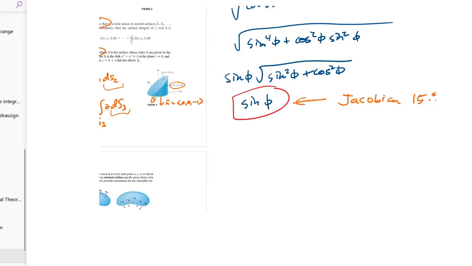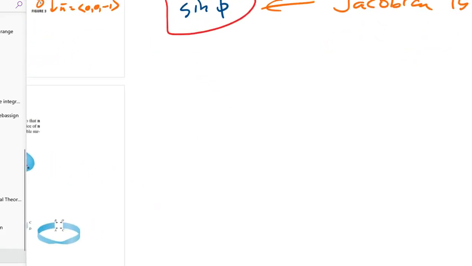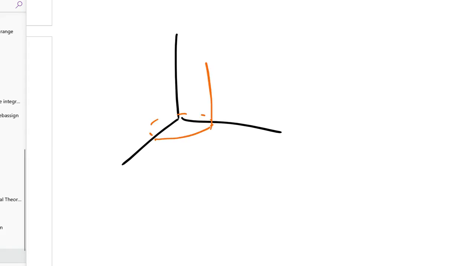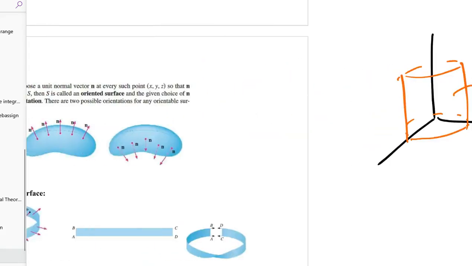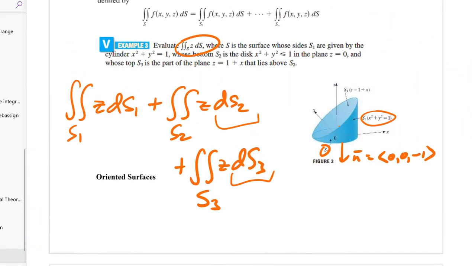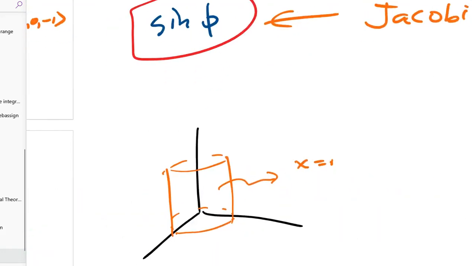Let's just do that side one. So you have a piece of the cylinder there. All right. So you have a cylinder like this. So the parameterization of that, let's see, the radius is 1.